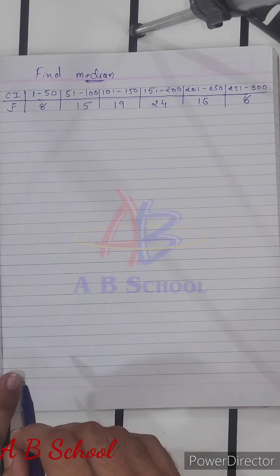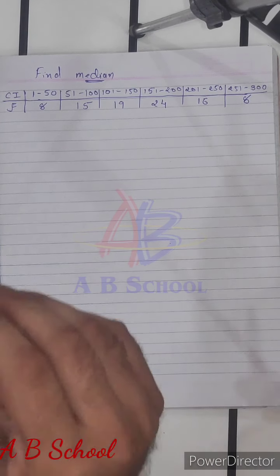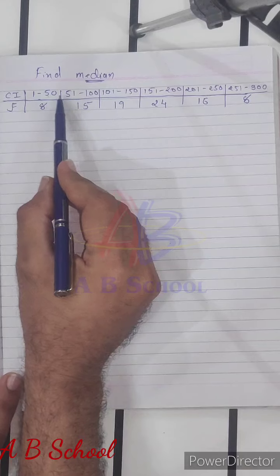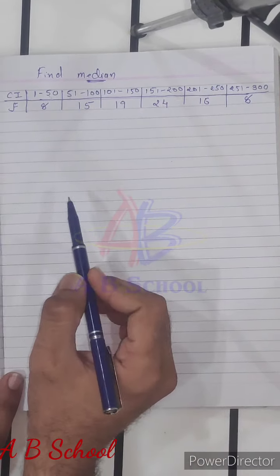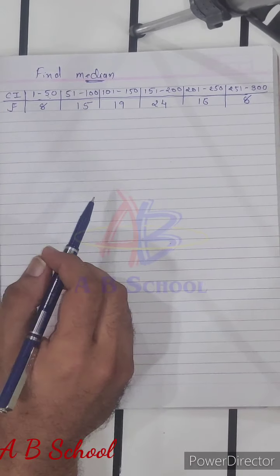This is an example. Here my class intervals are not the same, 50, 51. So first in this sum I have to convert this into the actual class interval.